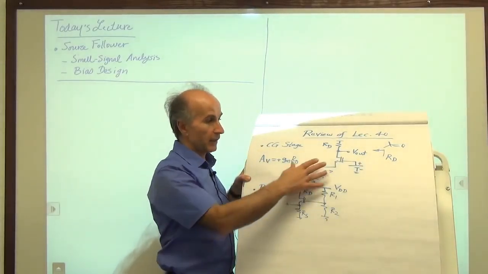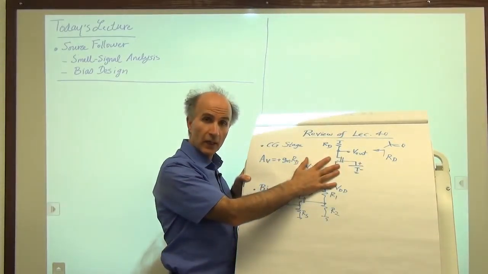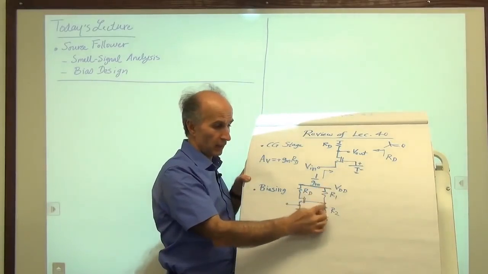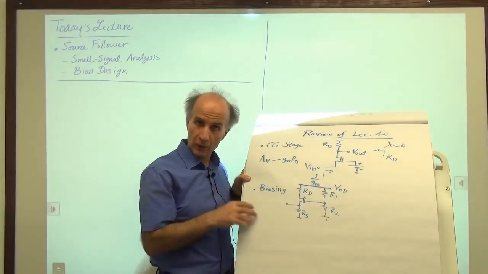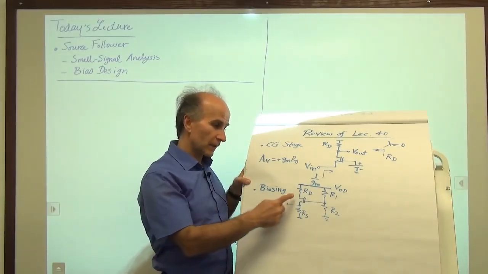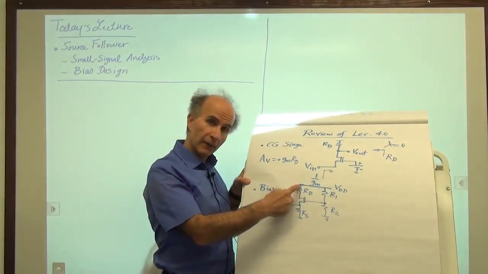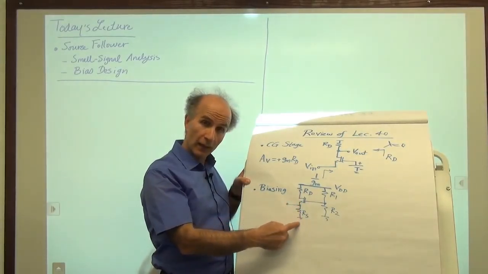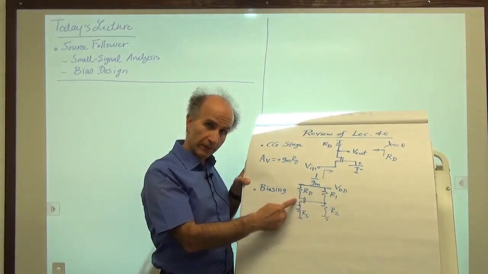Then we looked at the biasing of the common gate stage, and we saw that we needed some sort of voltage at the gate. So instead of a battery, we use a resistive divider, similar to what we did for the common source stage. And then we saw that we still need a path from VDD through the load resistor, through the MOSFET, to ground to carry the drain bias current of the transistor.